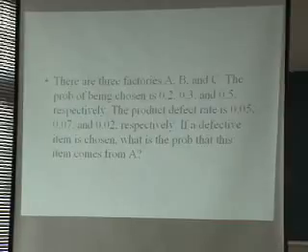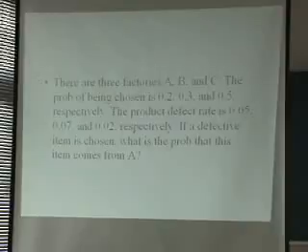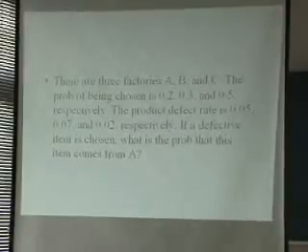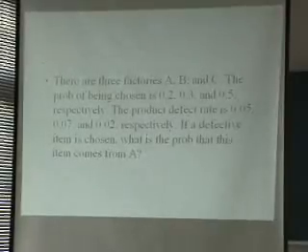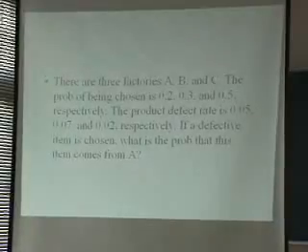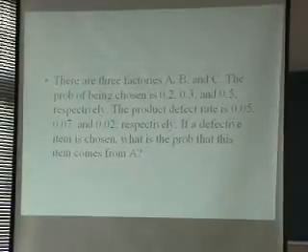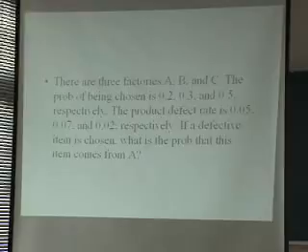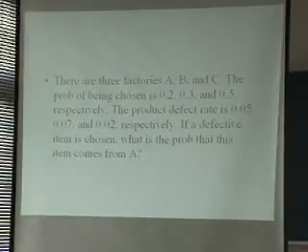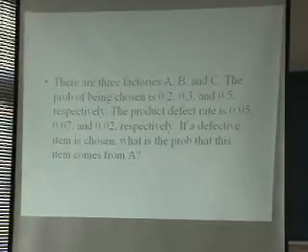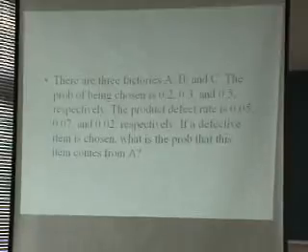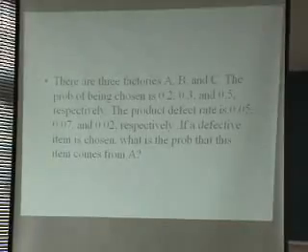And the product defect rate: the product may be good or bad, right? The bad rate is equal to 0.05, 0.07, 0.02. So if you choose any product from A, 95% is going to be good, but 5% will be bad.